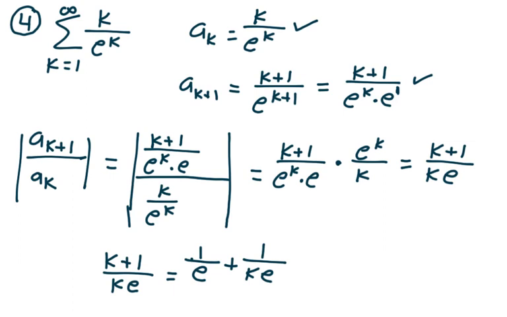So in other words, we're going to multiply that by e^k divided by k. The e^k's cancel, and we get k+1 over ke. Well, k+1 over ke can be written as 1 over e plus 1 over ke.